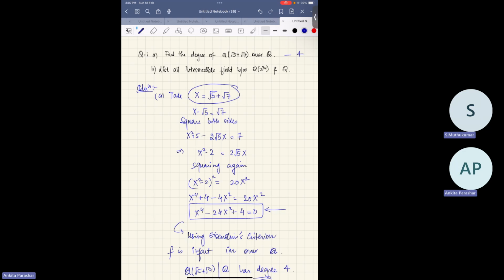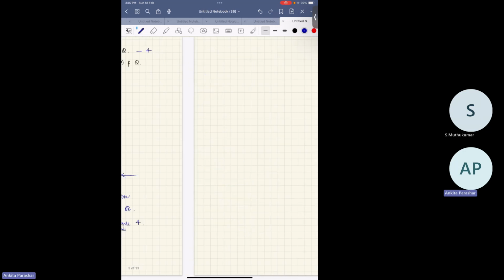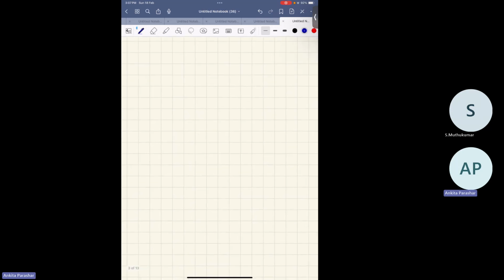That is, we have to find all possible subgroups of the Galois group, and from there we can find out the intermediate fields. One is that way, exactly.